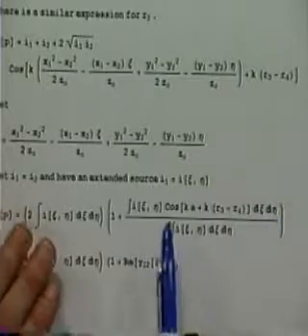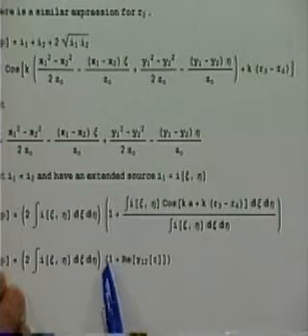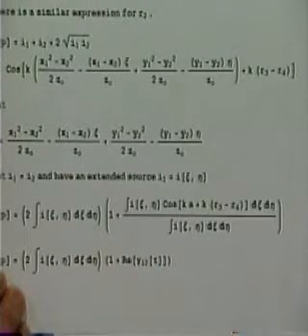And now that we've put it in this form, we know that this is equal to something out in front here, some number, times 1 plus the real part of gamma. That's what we were trying to get.